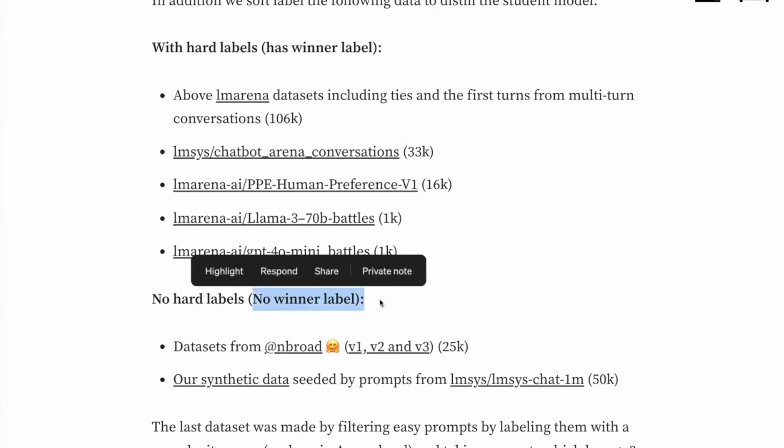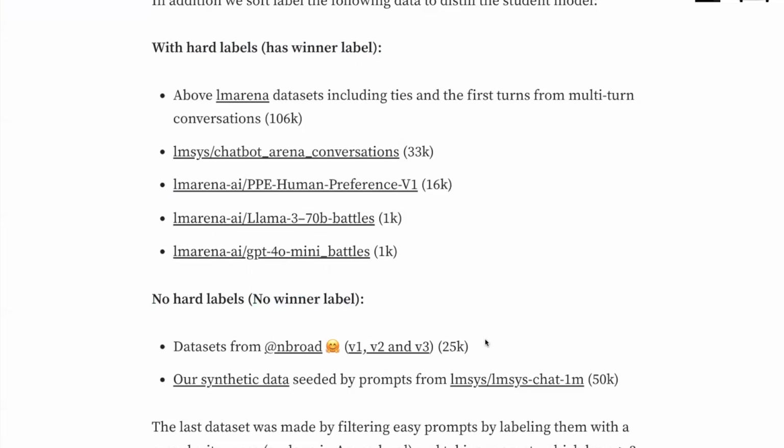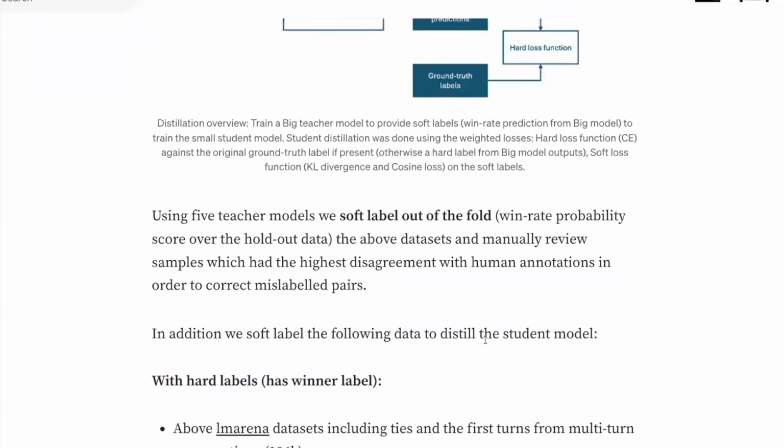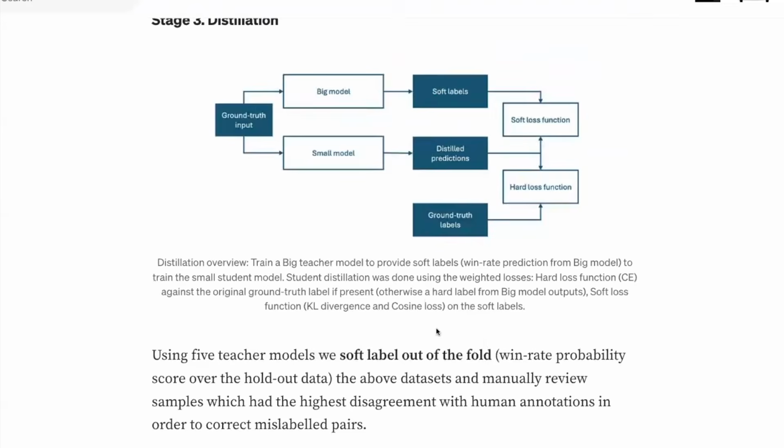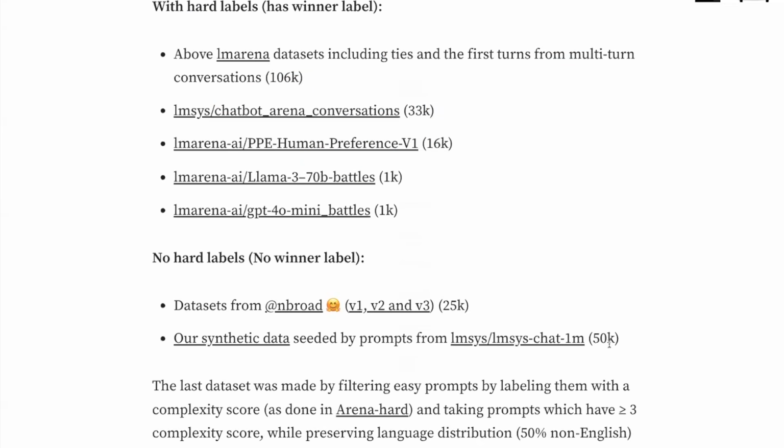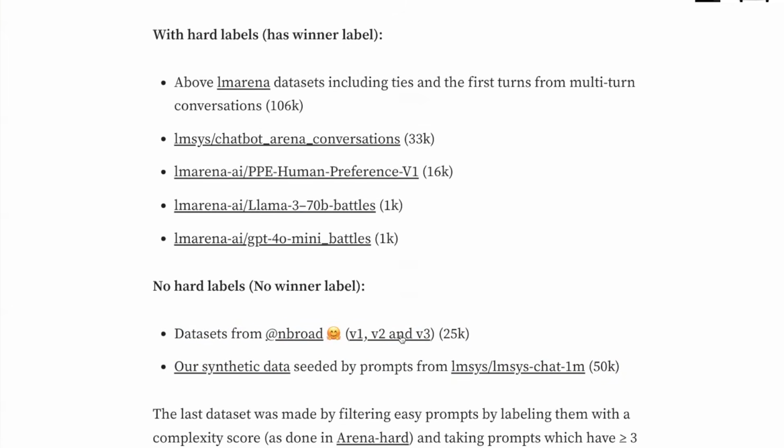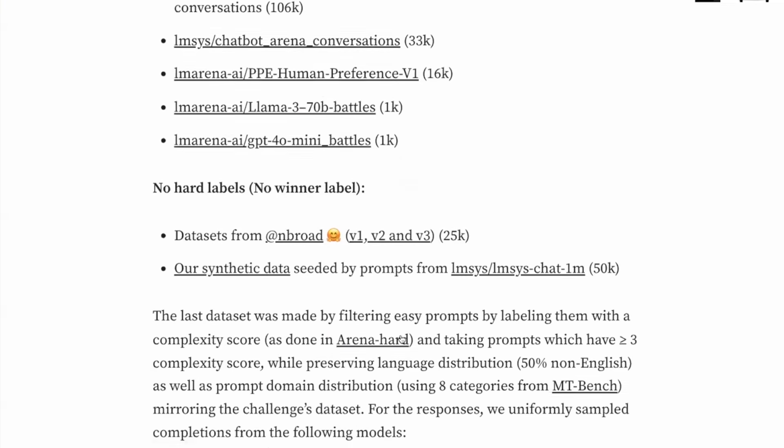You have no winner label here, but you can use your teacher model to get the soft scores, to get these soft labels for these data sets. So this is kind of like synthetic labels you can get from the teacher model.